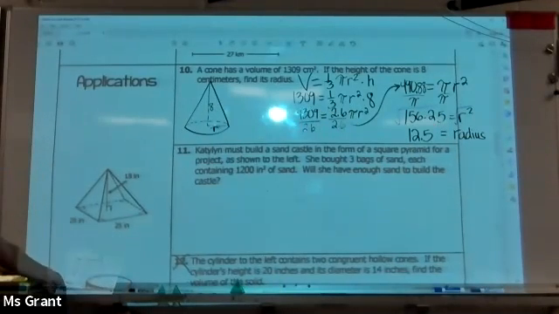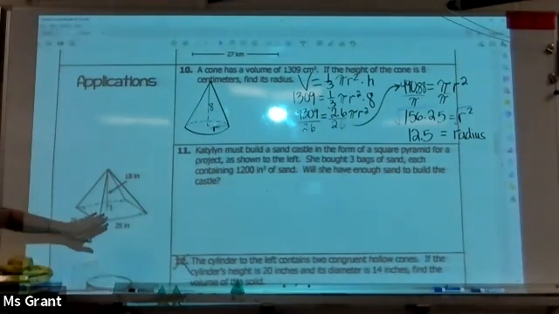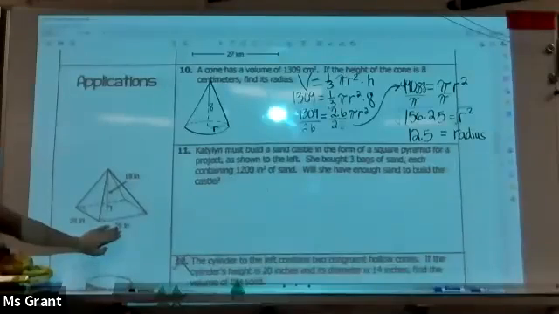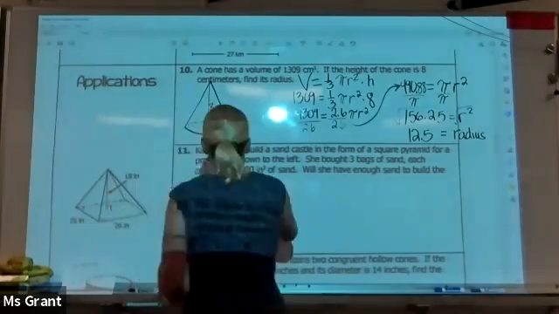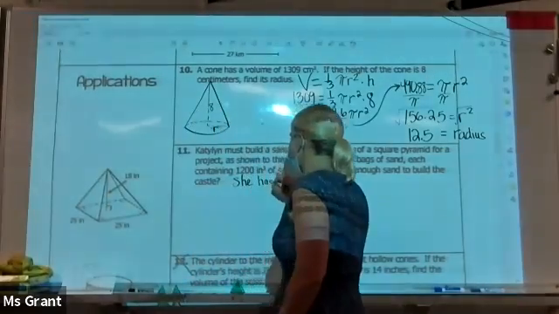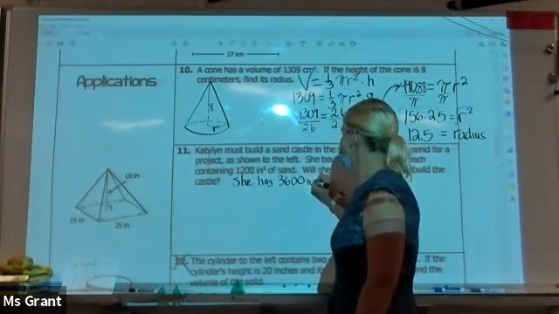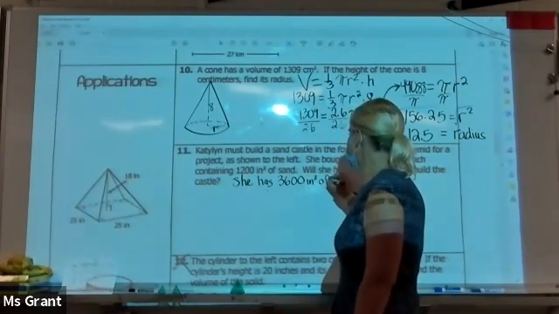Okay. So in this problem, Caitlin must build a sandcastle in the form of a square pyramid for a project shown to the left. She bought 3 bags of sand. So she's hoping she has enough sand, containing 1,200 inches each. Will she have enough sand? So first of all, she has 1,200, 1,200, 1,200, 3,600 inches cubed of sand.